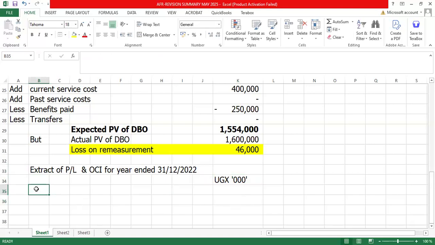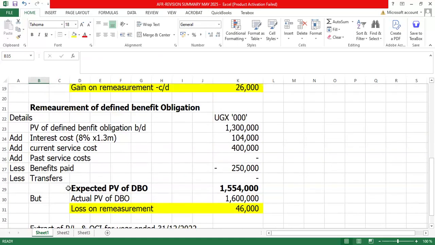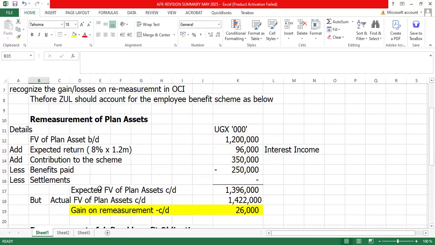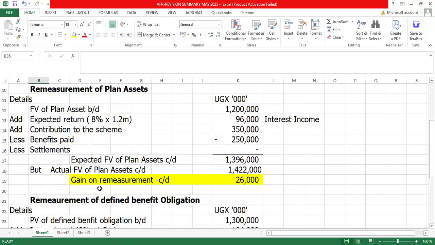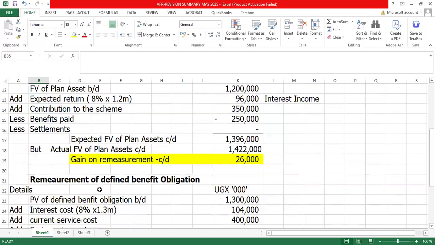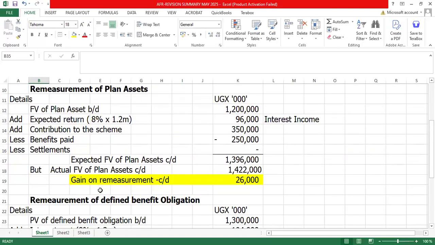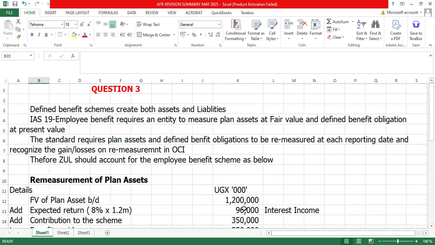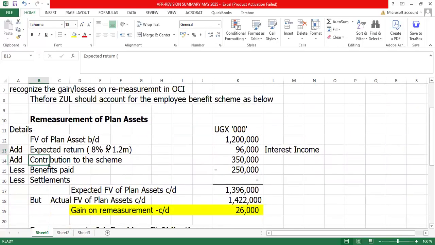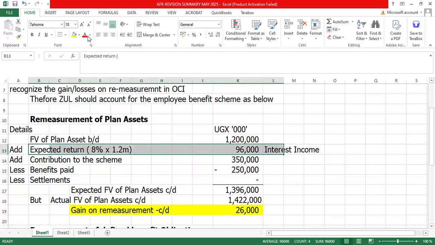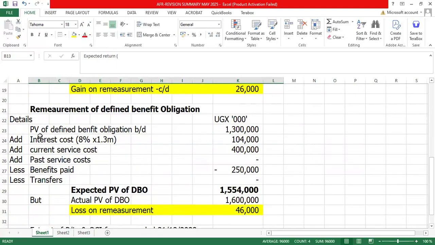Remember, when you're handling profit or loss, you start with incomes. From incomes, we don't have interest income. If at all, wait. Now, I want you first to observe this because it might happen. You are going to compare. You see where you have expected return, this one. Then also with interest costs.